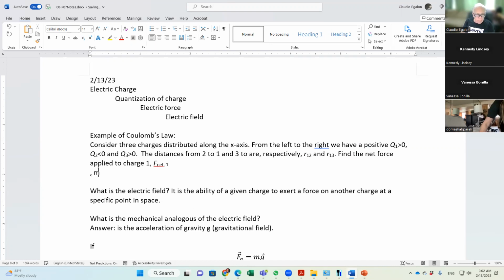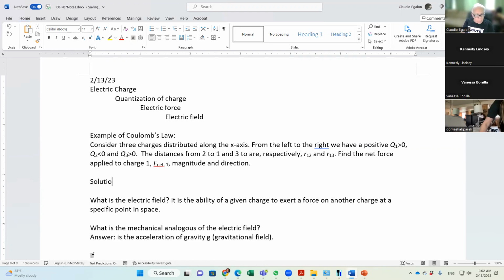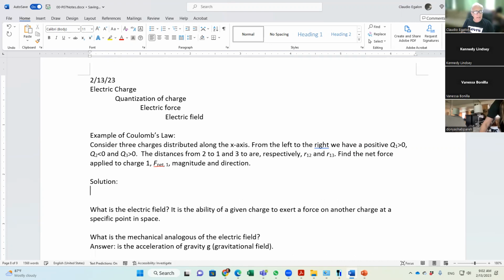Magnitude and direction, by the way. I have already solved part of this problem, right? It's going to be the easiest type of superposition of force problem that you're going to find.